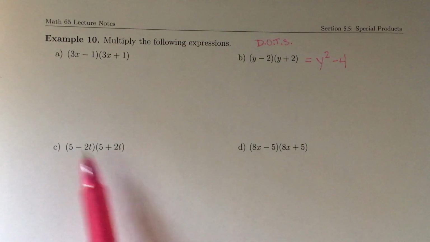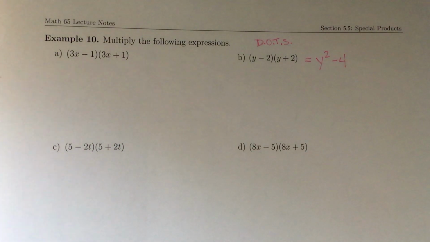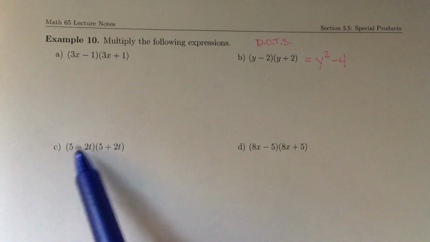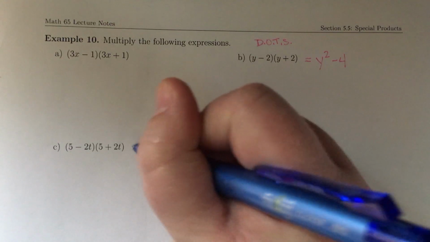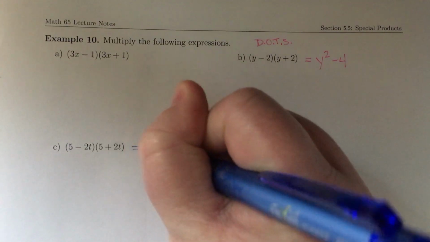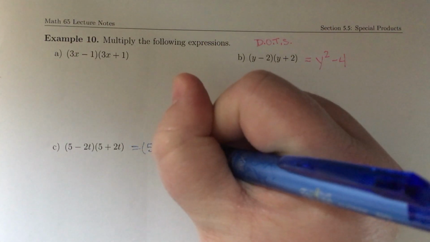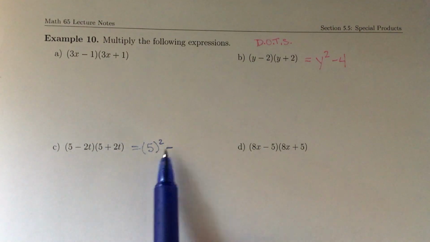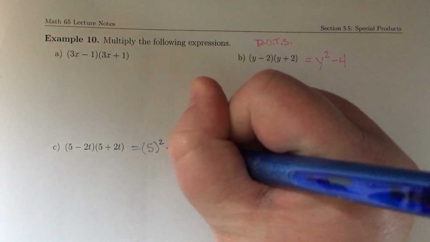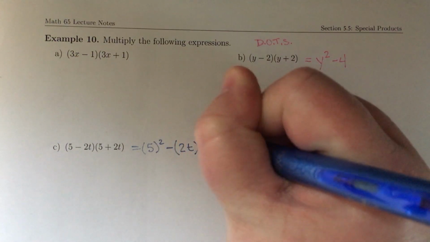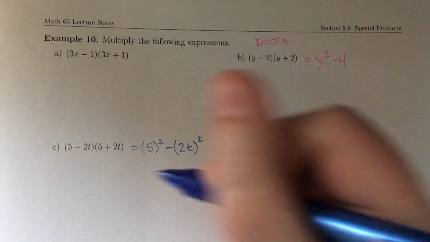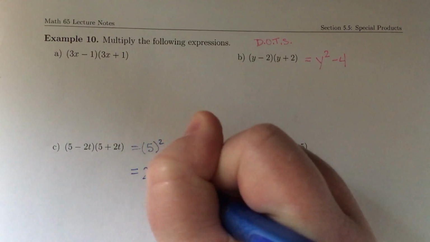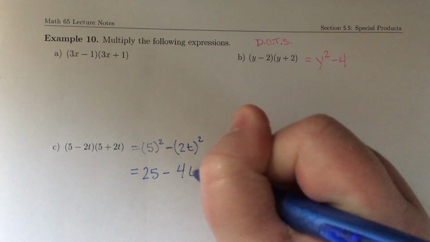Same thing here, right? So in difference of two squares, we're going to end up doing 5 times 5. And for now, I'm just going to write it as 5 squared. And then the minus sign is always there because a negative times a positive will always be a negative. And then it's 2t squared. So we end up with 25 minus 4t squared.